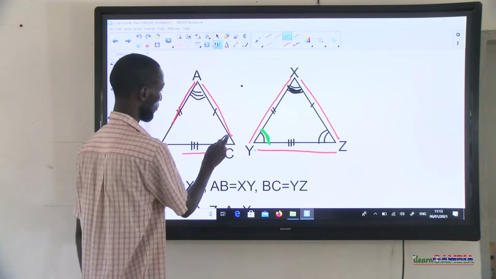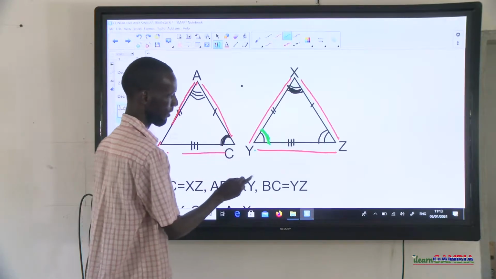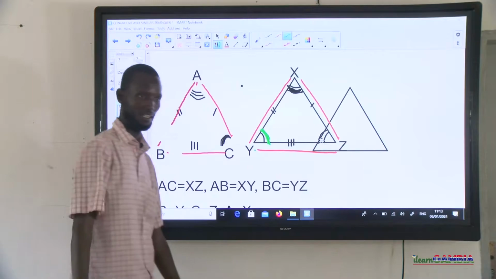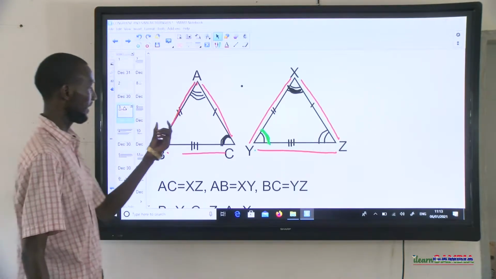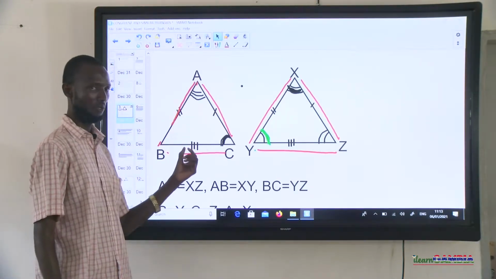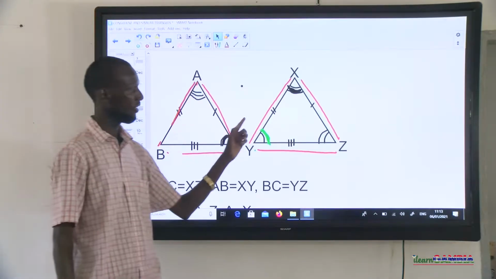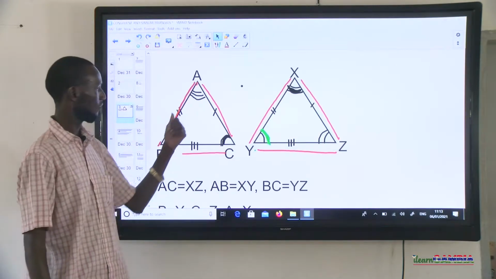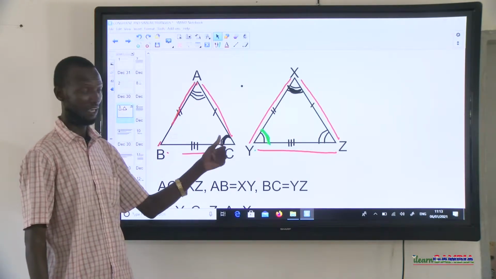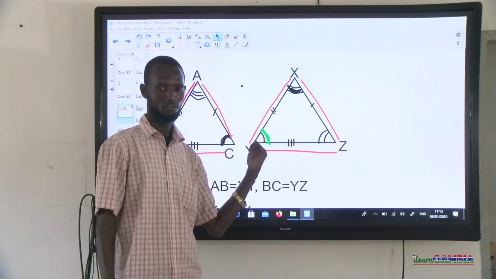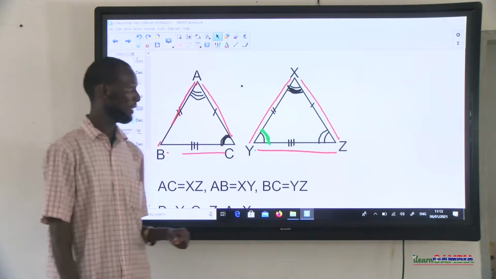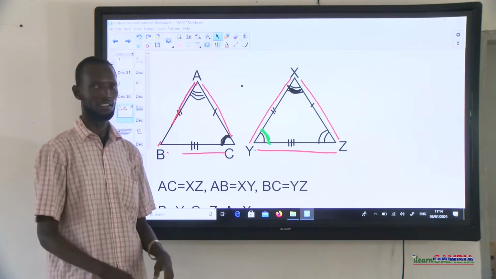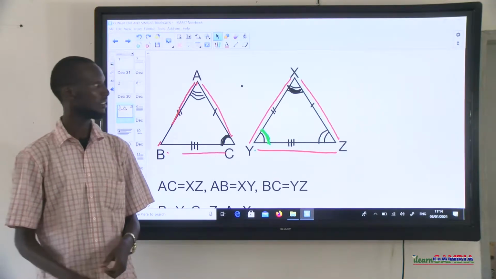And then angle C of triangle ABC is equal to angle Z of triangle XYZ. So what you observe here is that all the 3 sides of triangle ABC are equal to all the 3 sides of triangle XYZ. Likewise, all the angles of triangle ABC are also equal to all the angles of triangle XYZ. So that means that these two triangles, triangle ABC and triangle XYZ, are congruent triangles.